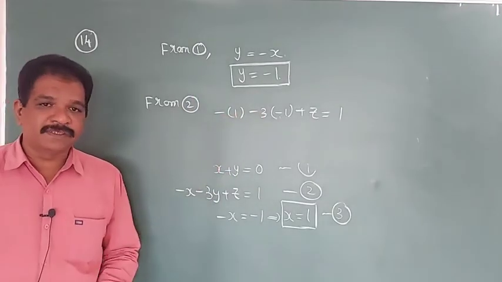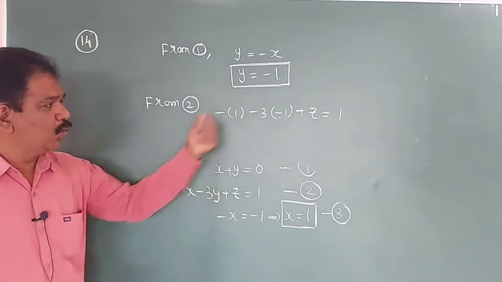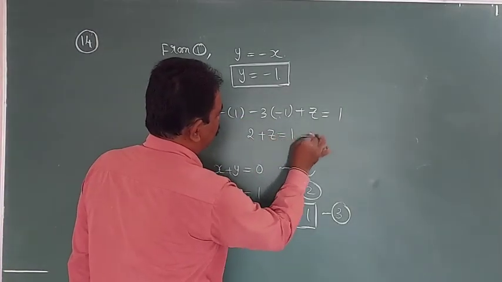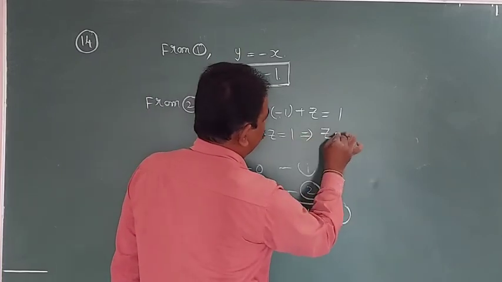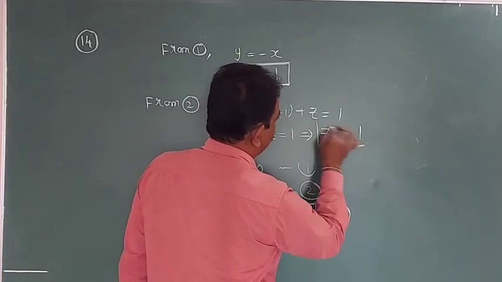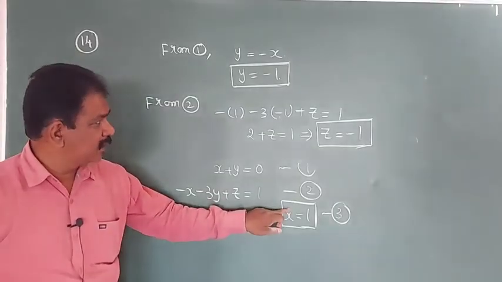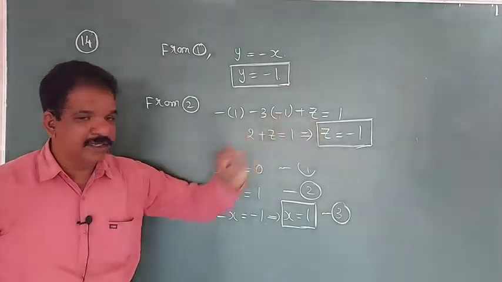Minus 1 plus 3, that will be 2. 2 plus z is equal to 1. z is equal to minus 1. So we got the values of x, y, z.